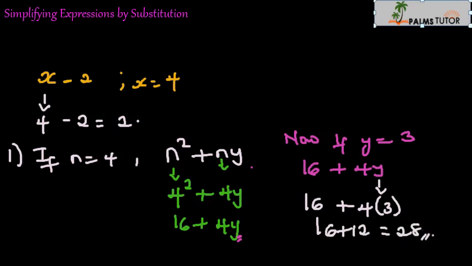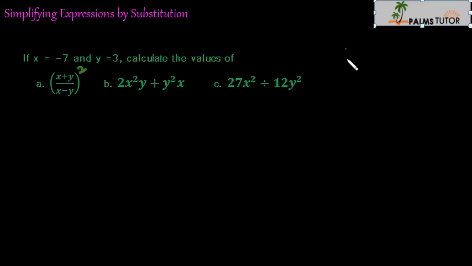I will take a past question to explain that further. So now, all we need to do is to substitute for the variables: x equals minus 7, y equals 3, anywhere we are given x or y.